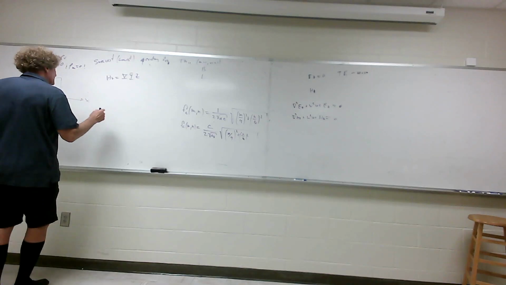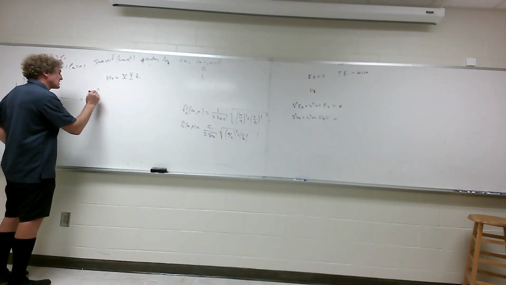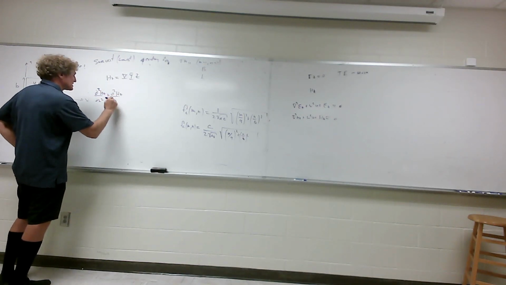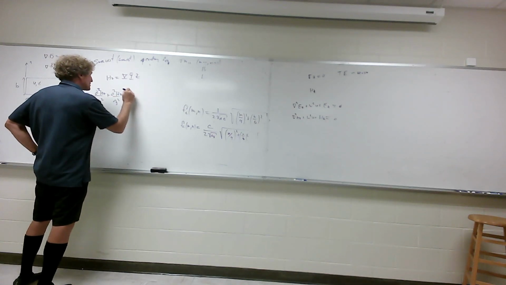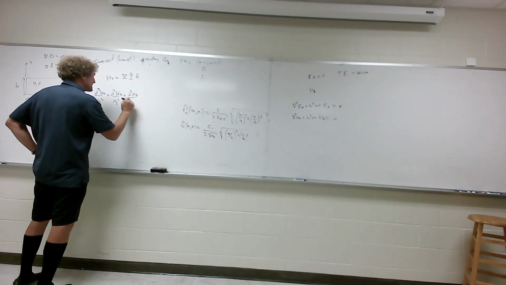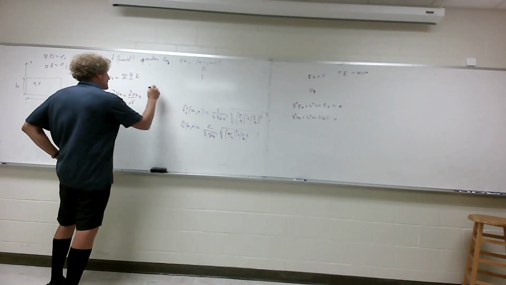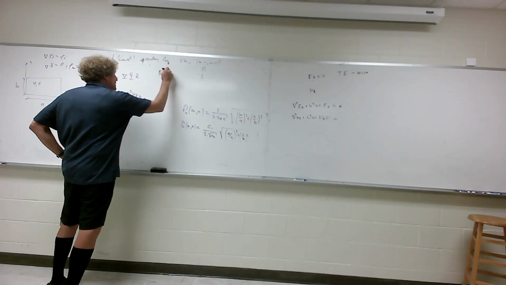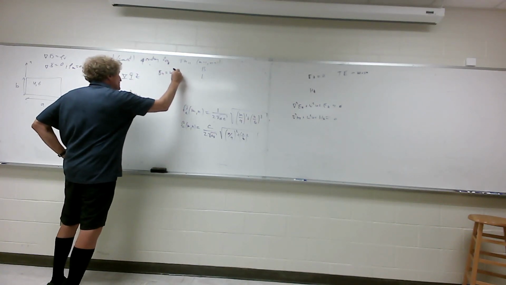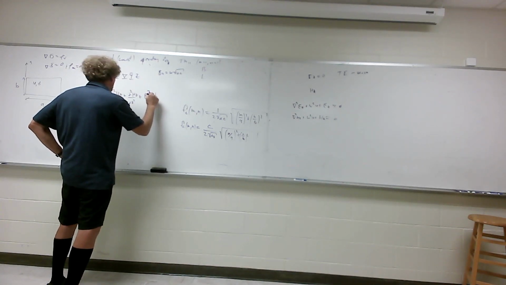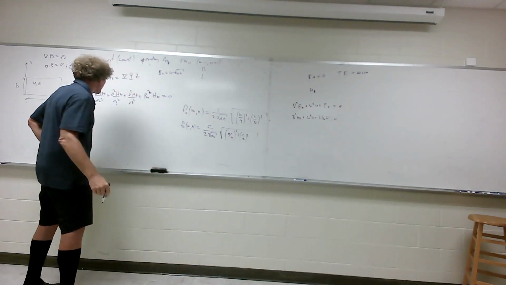So I get the second derivative of HZ with respect to X squared, plus second derivative of HZ with respect to Y squared, plus second derivative of HZ with respect to Z squared, plus, and then omega squared mu epsilon, I'll call this beta unguided, which is omega times square root of mu epsilon, plus beta unguided squared, and then it's going to be times HZ equals 0.